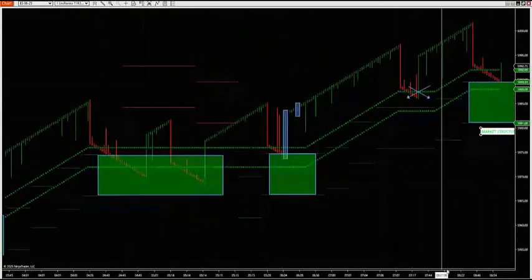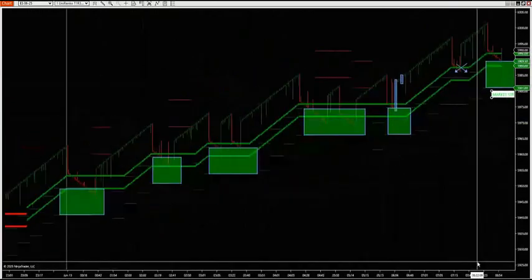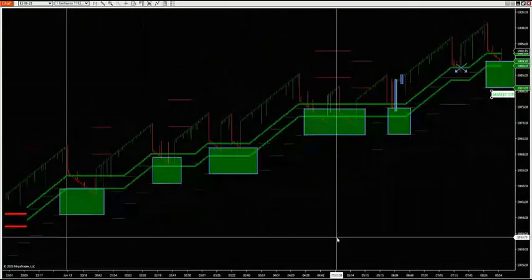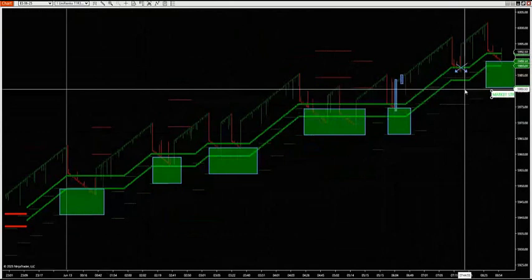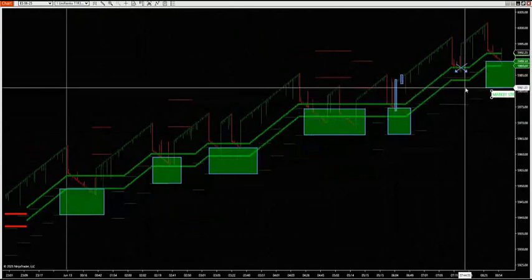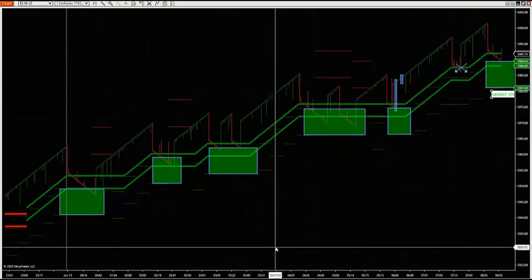So I know as a trader that if I ever break market structure, guess what? It's the first time it's broken market structure in the last 9 hours of trading. It has not broken market structure, has it? On all these zones.